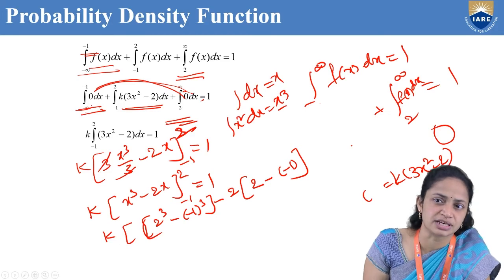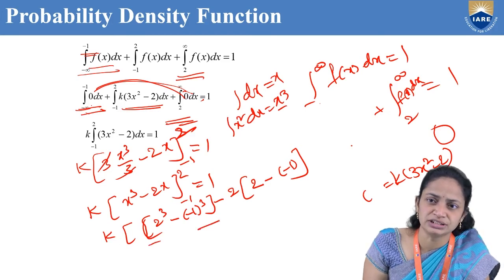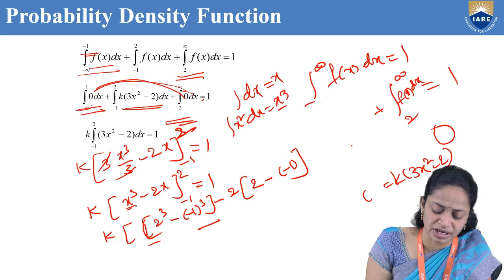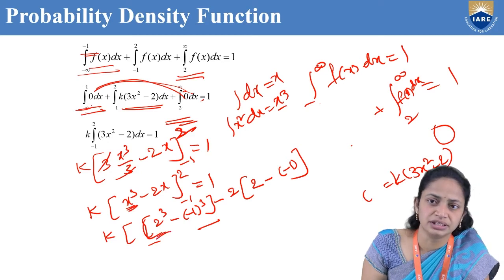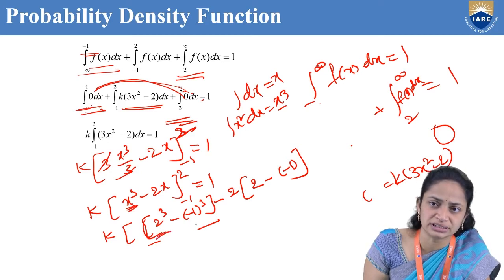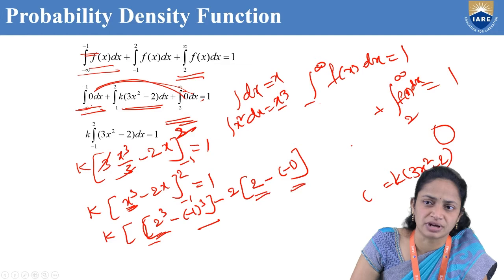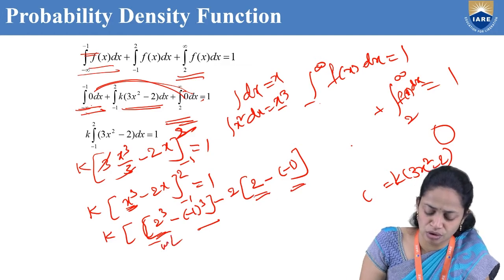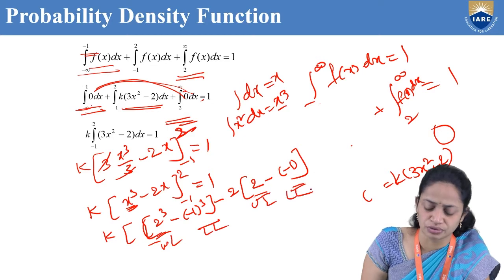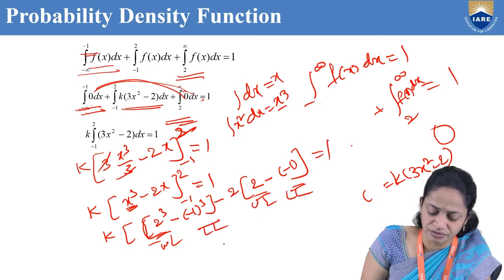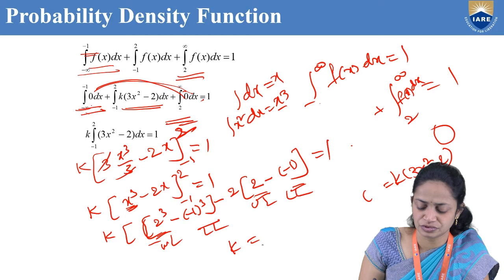Always we substitute upper limit minus lower limit. If you simplify this one, you will get the k value. Okay.